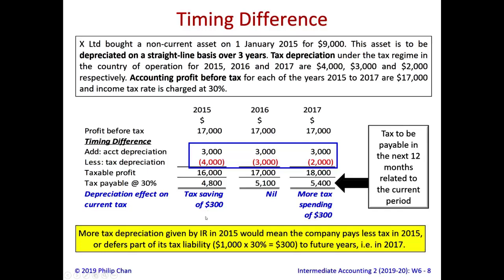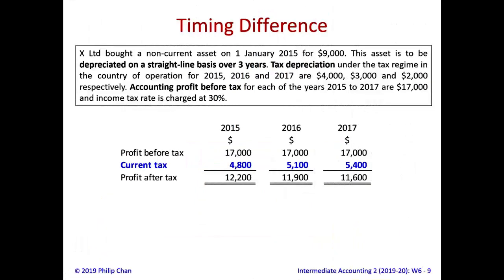Okay, right. So let's look at what happened then. After we have worked out the current tax figures as determined previously, if we now subtract the current tax figures 4,800, 5,100, and 5,400 from our PBT figures of 17,000, what you see is that the profit after tax will not be the same.